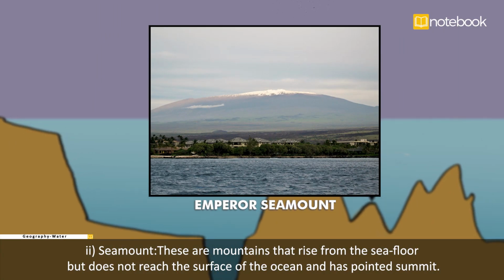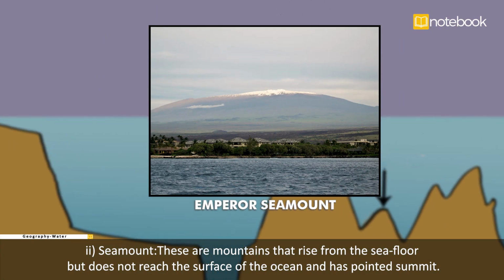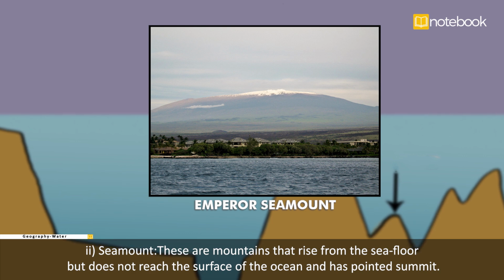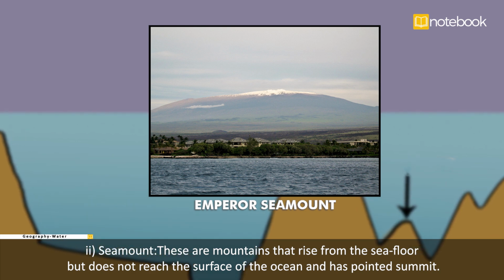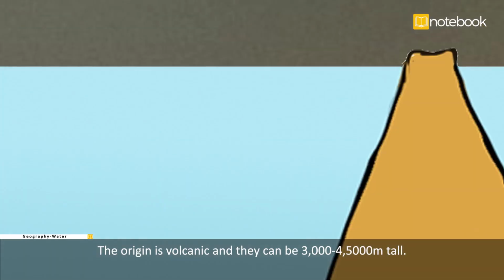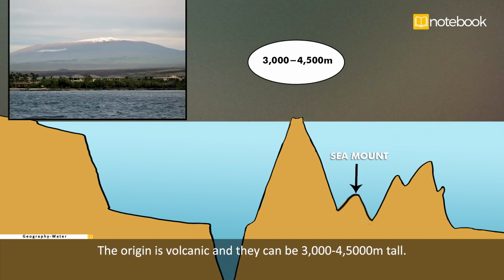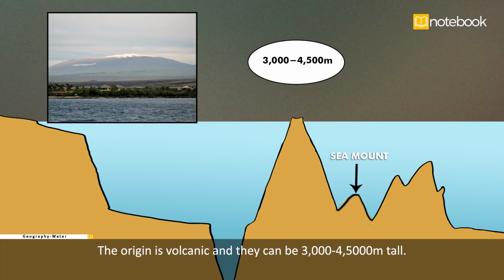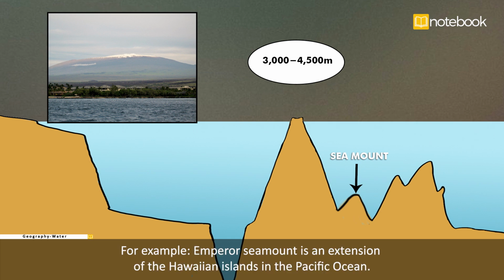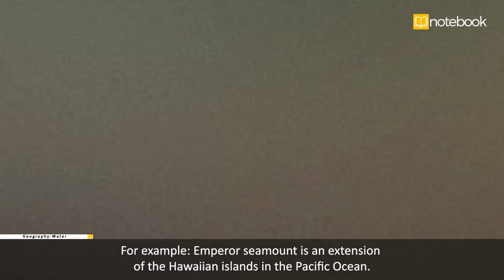These are mountains that rise from the sea floor but do not reach the surface of the ocean and have a pointed summit. The origin is volcanic and they can be 3,000 to 4,500 meters tall. For example, Emperor Seamount is an extension of the Hawaiian Islands in the Pacific Ocean.